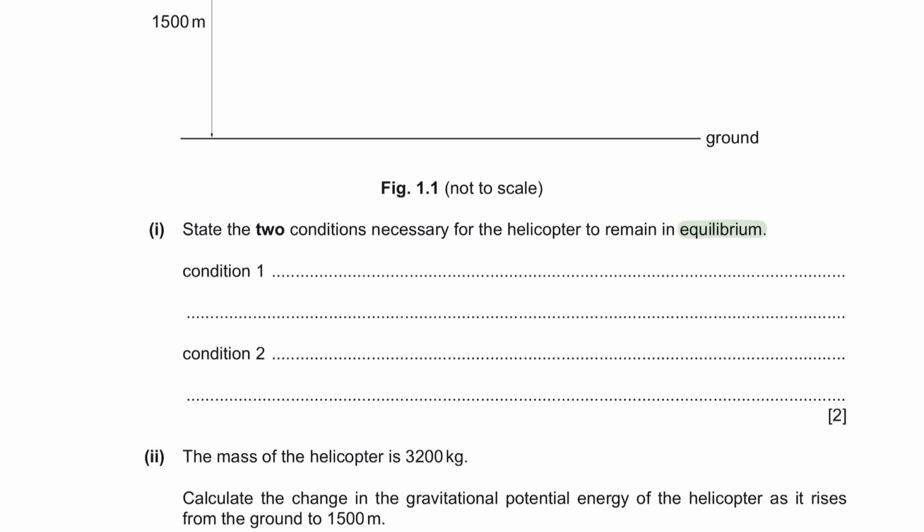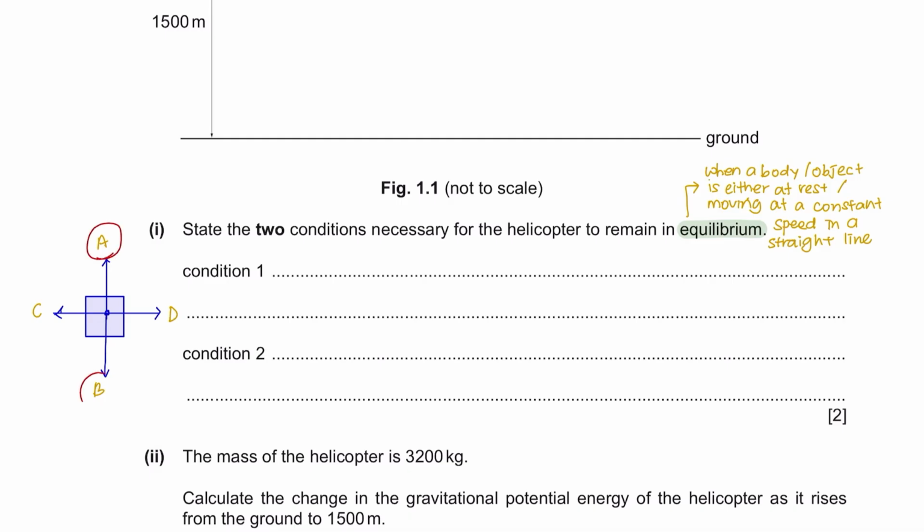Well, to answer this, we first need to understand what is meant by equilibrium. Equilibrium is when a body or object is either at rest or moving at a constant speed in a straight line, meaning that all the forces of this object must be balanced.